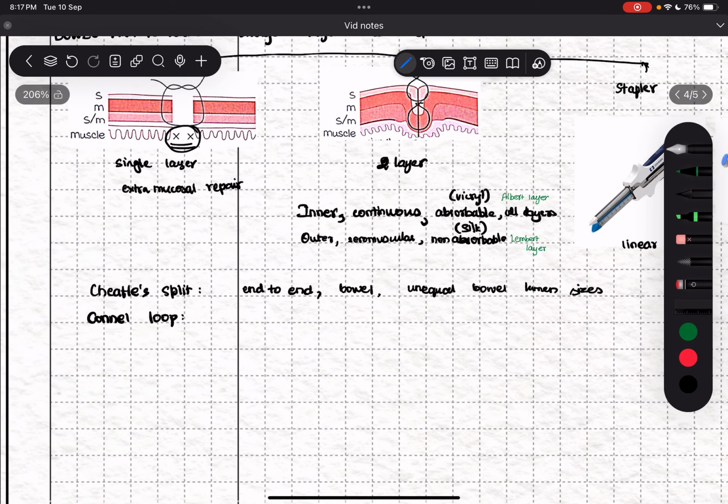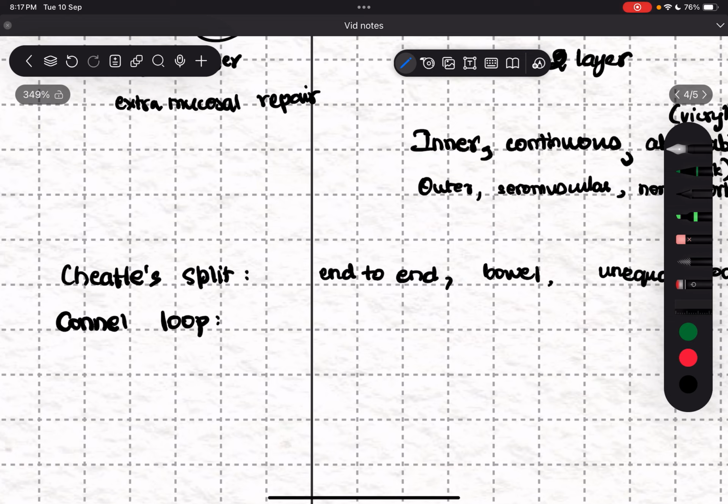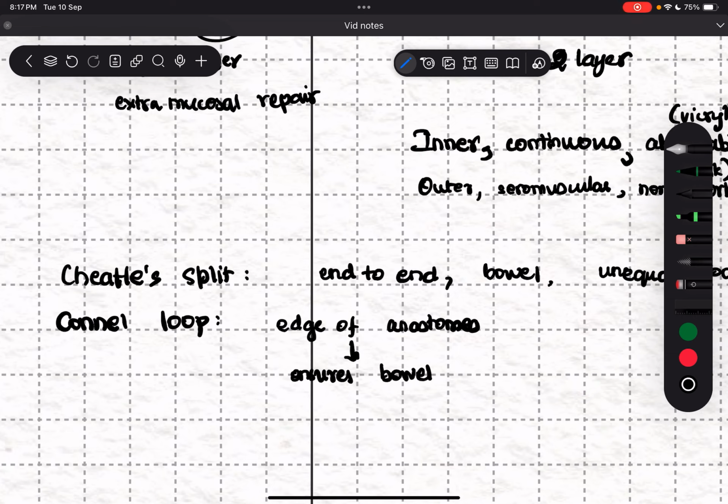We split open along the anti-mesenteric border of the relatively smaller diameter bowel, and then we do the anastomosis. That is called Cheatle's split. And Connell's loop is taken at the edge of the anastomosis, and it ensures bowel inversion.